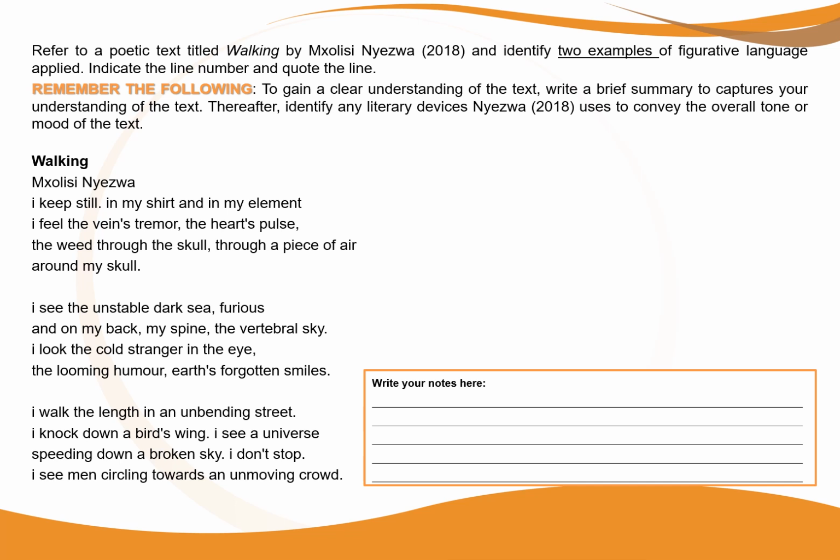See if you can do that in your own spare time as a way to practice interpreting and understanding a poetic text. I think you will find this a very helpful method for your assignment and also for your exam.